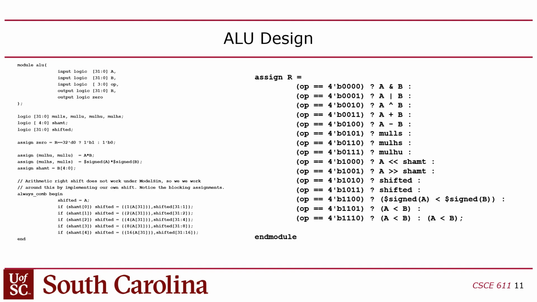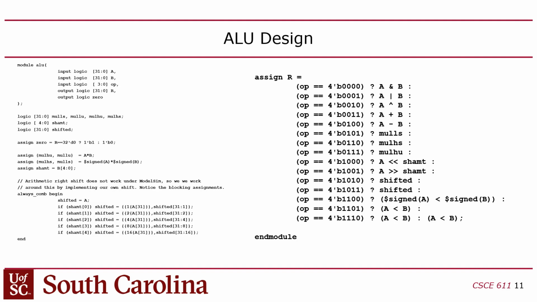The one thing that's weird is notice that I had to use this typecast because in Verilog, apparently, if you declare a signal as logic and use a less than operation on it, it's treated as unsigned. So if you want to do a signed comparison, you need to use this weird typecast in Verilog, right? The same thing goes for the multiply, but we handled that over here.